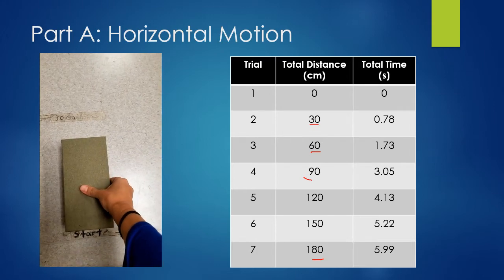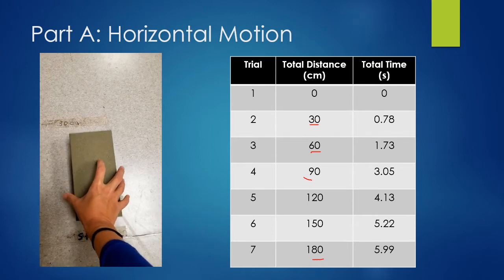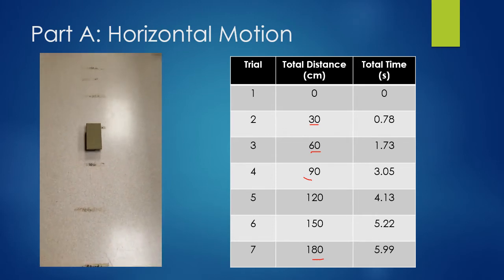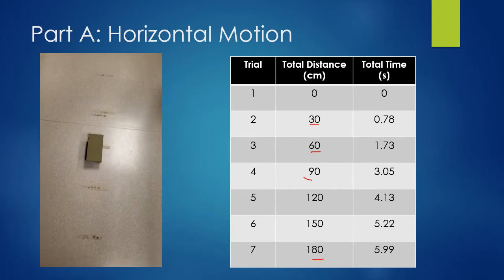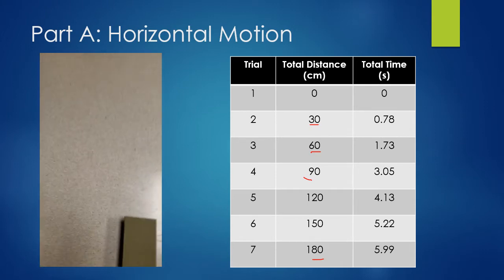When I start the cart, we're going to also start a timer, and we are going to time how long it takes to go each of those distances. So when the cart starts at the start mark, once it hits the first piece of tape at the 30 centimeter mark, we then press the lap button on the timer so that it gives us the time it took for that cart to go 30 centimeters.